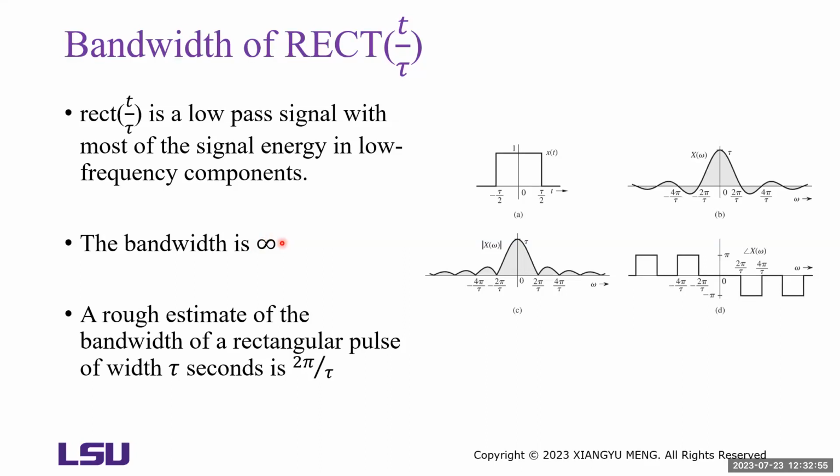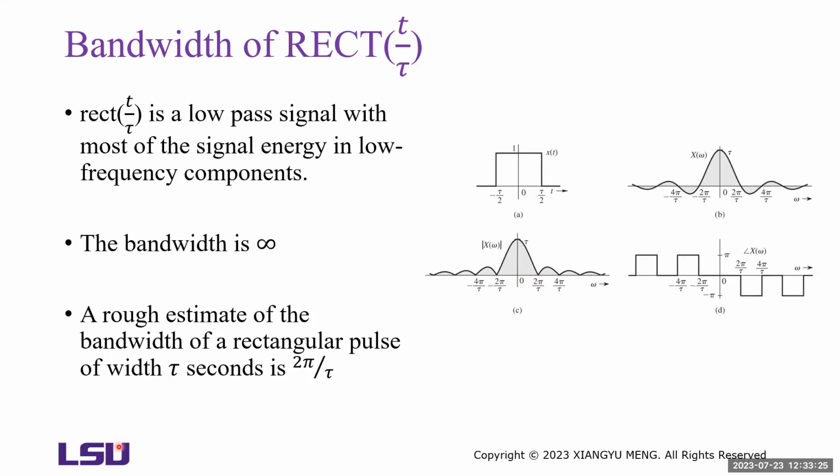However, much of the spectrum is concentrated within the first lobe from omega 0 until 2 pi over tau. So we can give a rough estimate of the bandwidth of a rectangular pulse of width tau: it is 2 pi over tau.